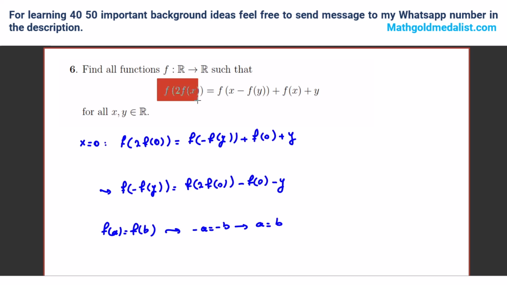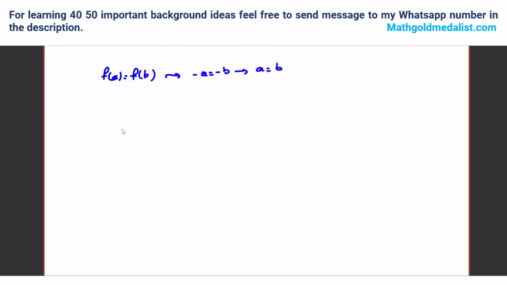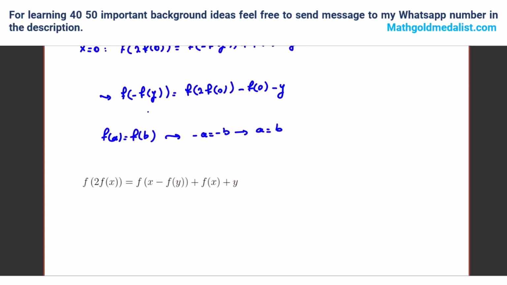Okay, now let's see what we can say. You found f of this part is equal to this part. Now here, can we get rid of these terms? For example, it is x minus f of y, it is y plus f of x, right?